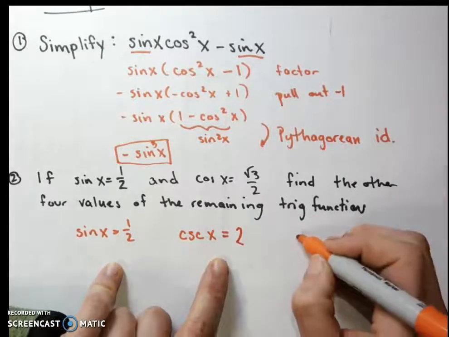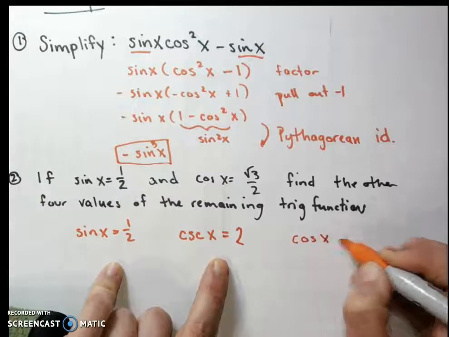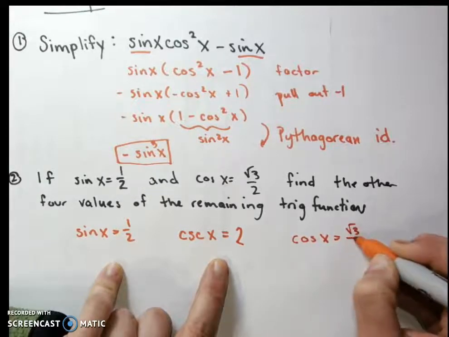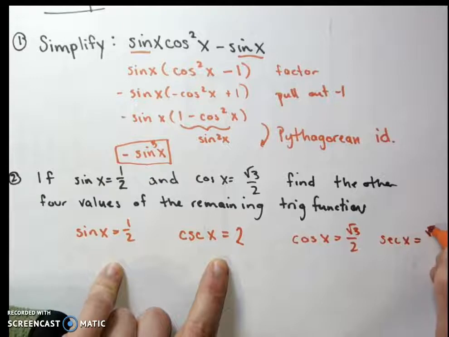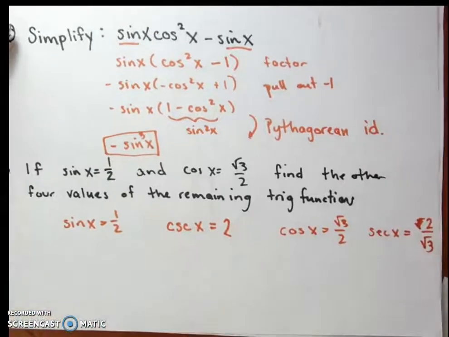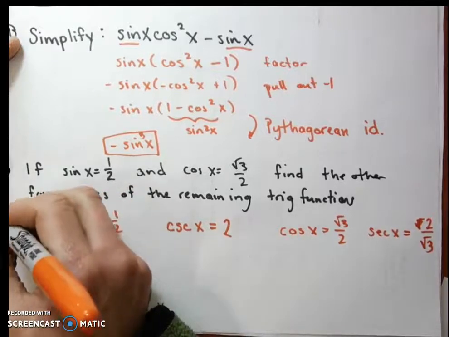On the other hand, because cosine of x equals √3/2, its reciprocal is secant, and so secant of x is going to be 2 over √3. So here I use the reciprocal identities.